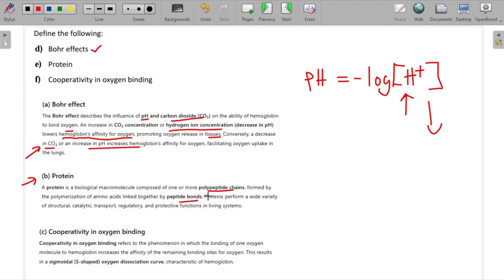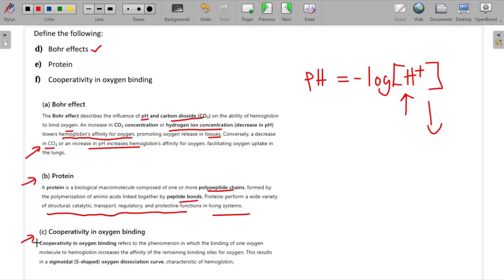Proteins perform a wide variety of structural, catalytic, transport, regulatory, and protective functions in living systems. Later on, we'll talk about the functions of proteins, and you'll see that they can perform all these functions I've listed.